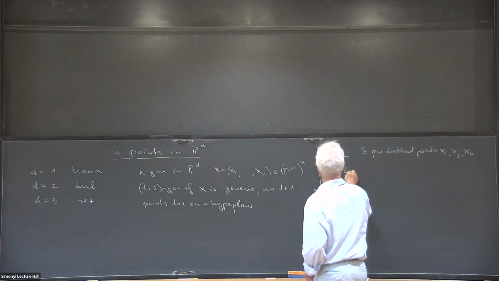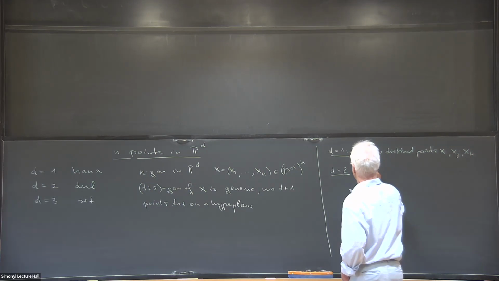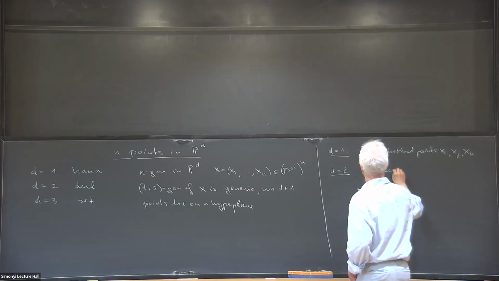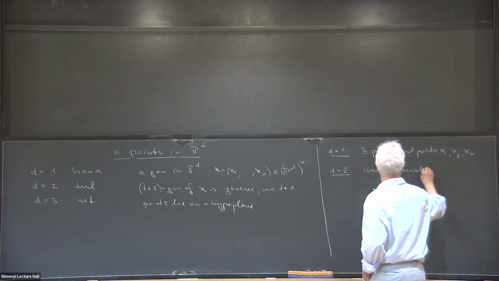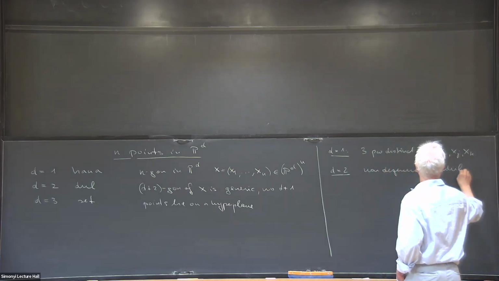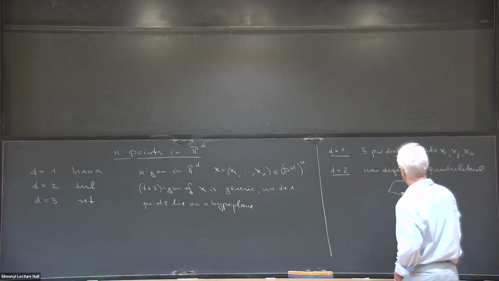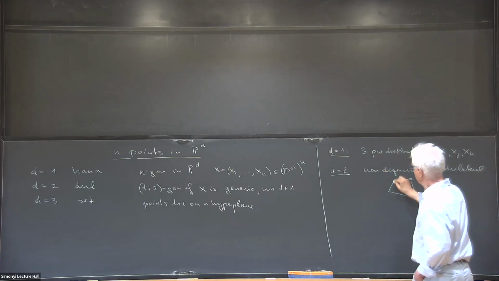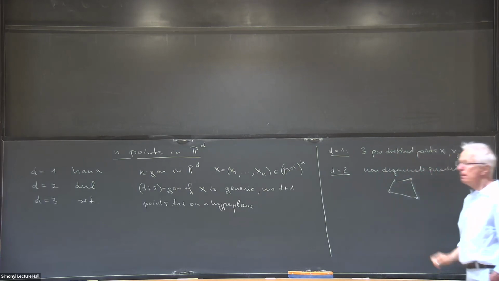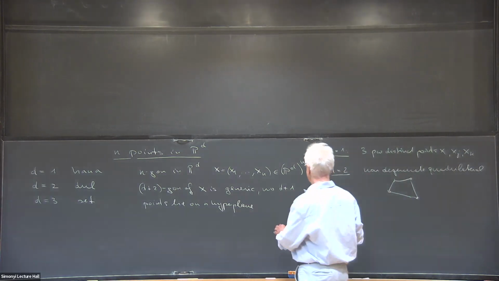For d equals 2, it will be a non-degenerate quadrangle, a quadrilateral, something like this. And then it goes on.